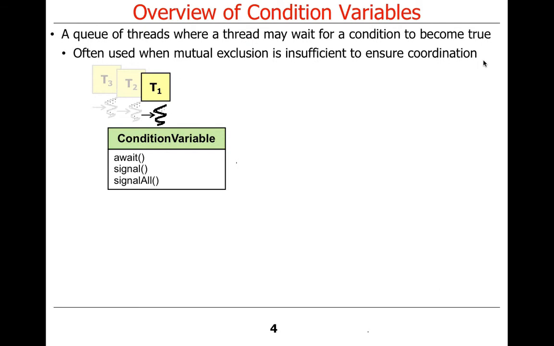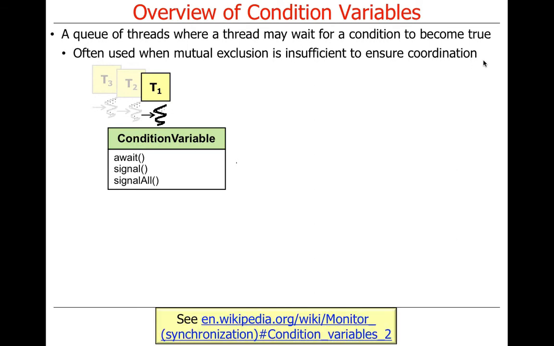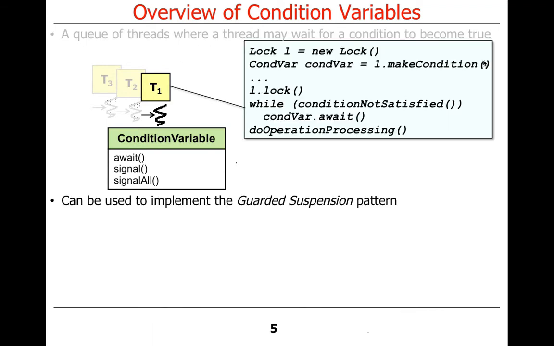When you need it to be coordinated as well, exactly. So you have a situation where busy waiting or even sleeping is not enough. You need to be able to put yourself to sleep until something changes that's to your liking. And a mutex or a reentrant lock or a reentrant read-write lock or even a semaphore doesn't really give you that capability. And there's a whole discussion of this issue in this link.